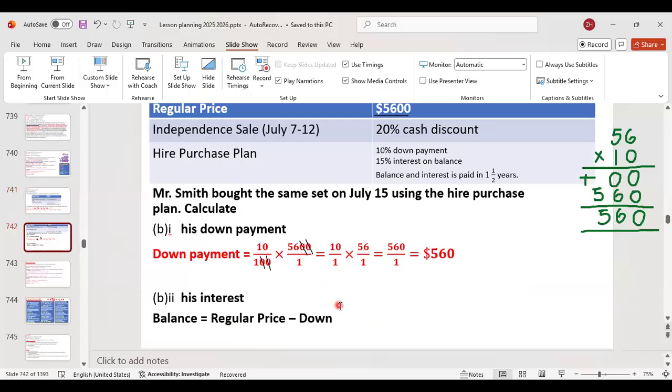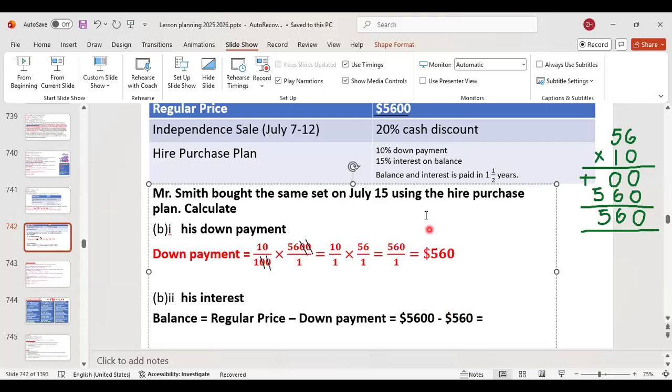So we have the regular price minus the down payment. What is the regular price? The regular price is 5,600, minus the down payment. The down payment is 560.